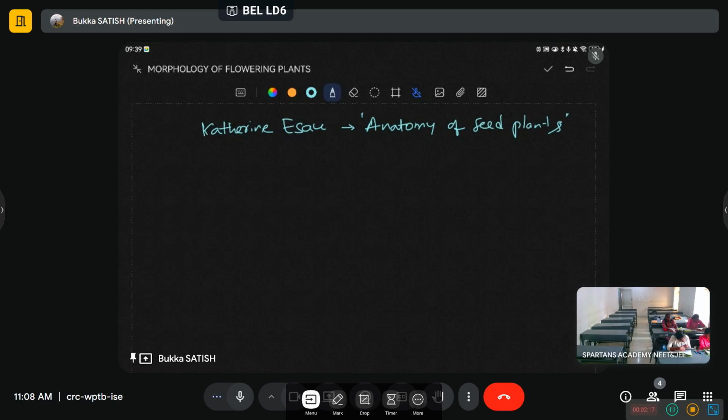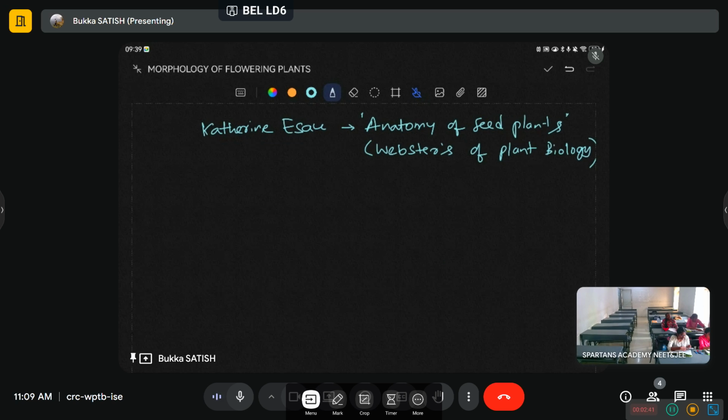This one is actually considered the Webster's of plant morphology, plant biology. In case you don't know what Webster's is, Webster's is a dictionary.